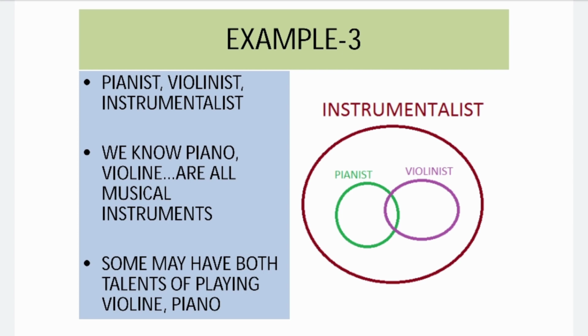The link represents that some pianists are also violinists and some violinists are also pianists. So this means that some pianists may have talents of playing violin and some violinists may have talent of playing piano. So this is the ending of third example.